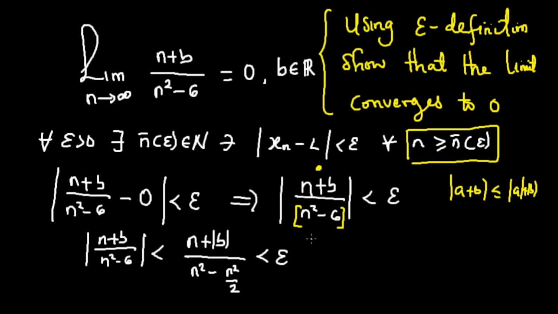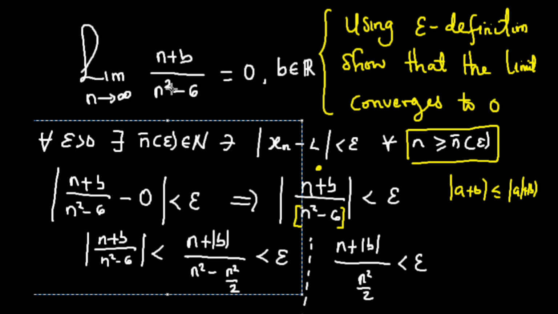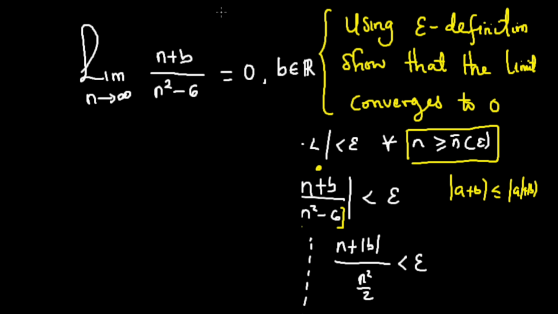Okay, so what we'll have is something like this: n plus absolute value of b over, if I subtract this one, n squared over 2, less than epsilon, right?